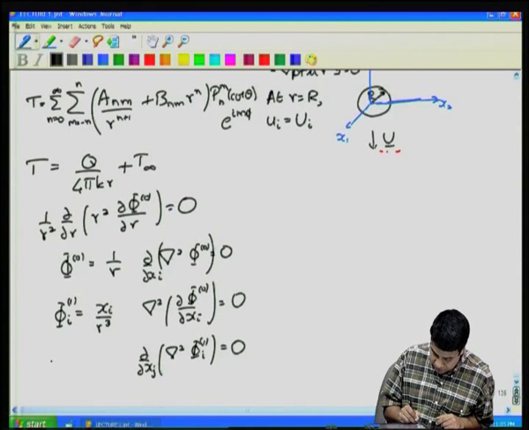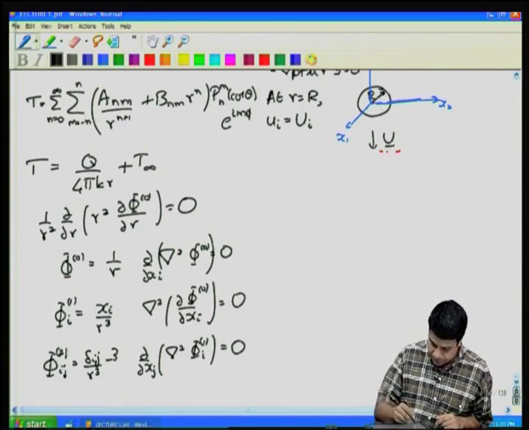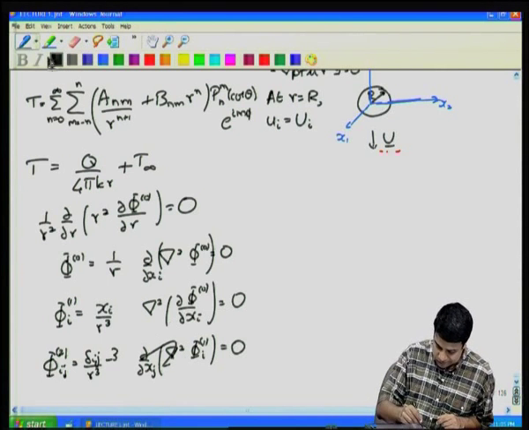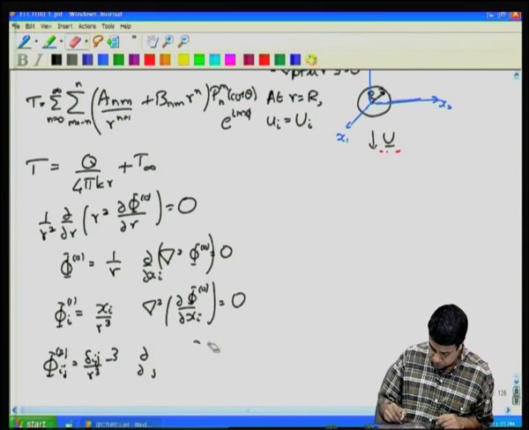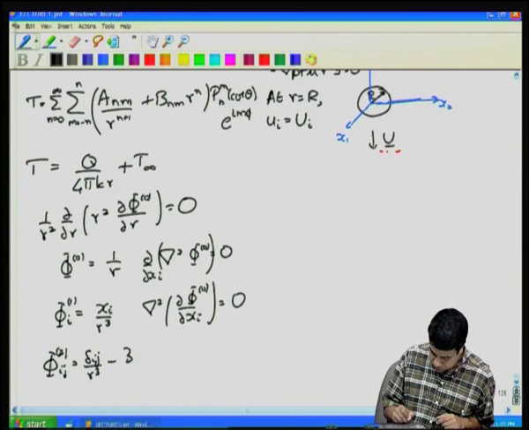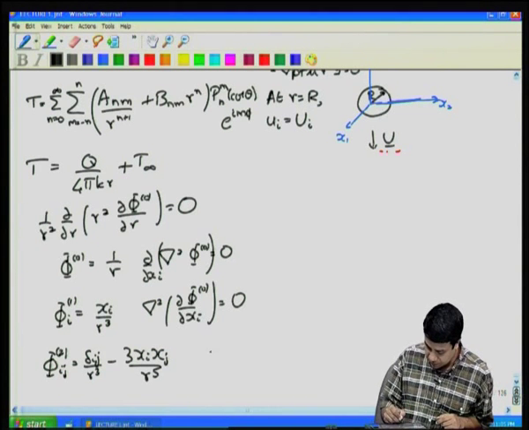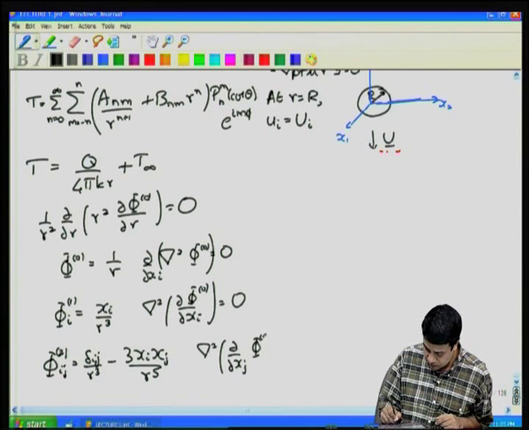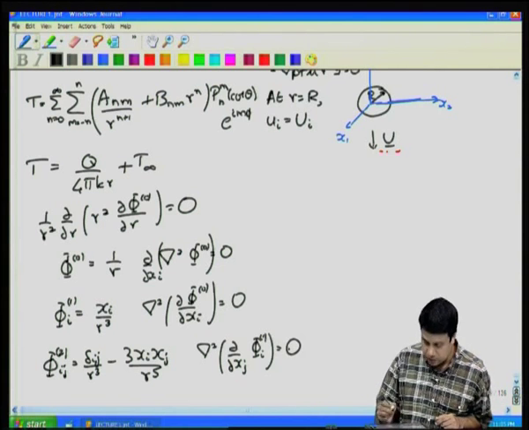Therefore, you get the second solution phi 2 I j is equal to delta I j by r cubed minus 3 x I x j by r to the fifth. Perfect. Okay, this is a solution of the equation del square of partial by partial x j of phi 1 I is equal to 0.